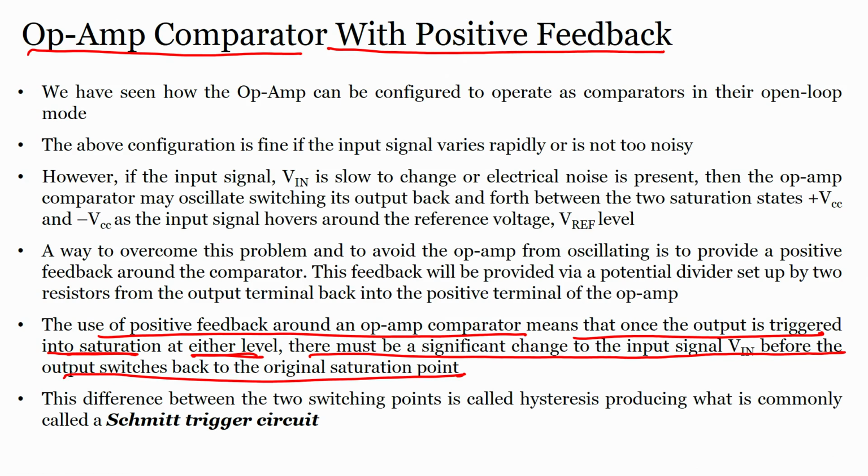If I apply positive feedback and the output is triggered to negative or positive saturation, I will have to overcome these saturation values, and only then can I switch back its state. Once the output is triggered into saturation at either level, there must be a significant change to the input signal before the output switches back to the original saturation point.